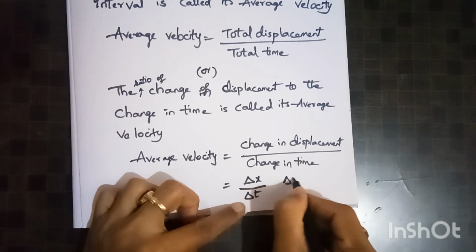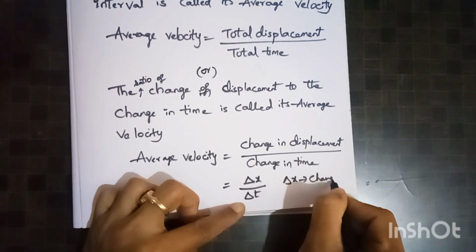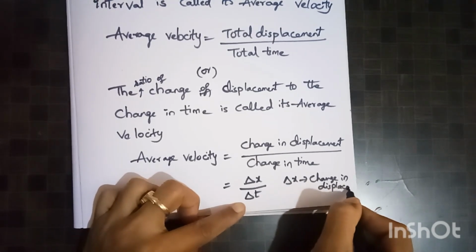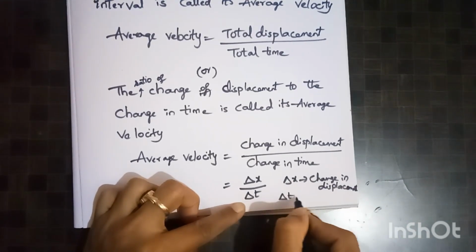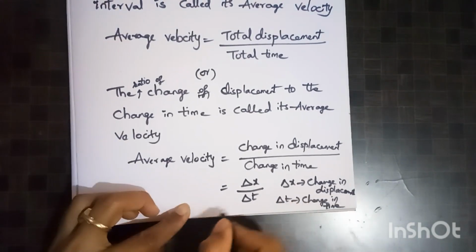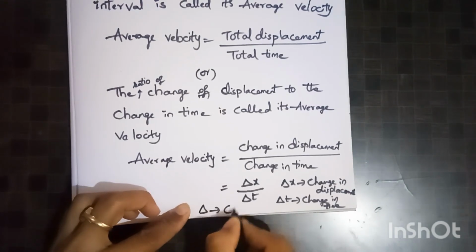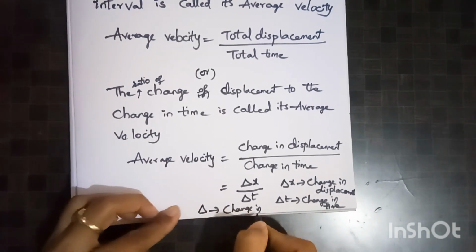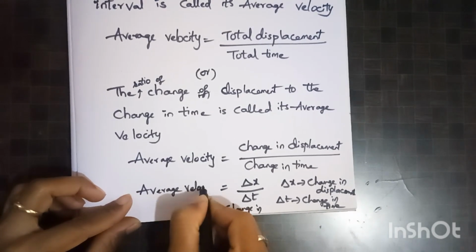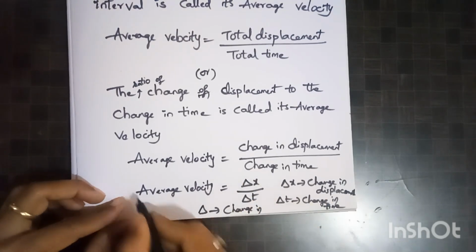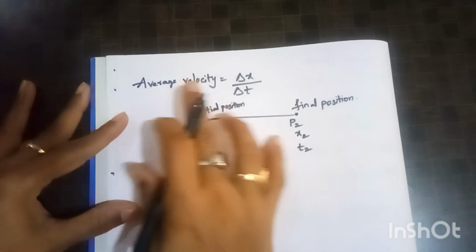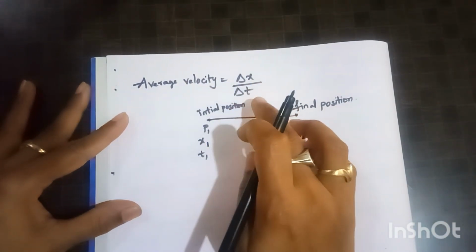Here delta x is change in displacement and delta t represents change in time. This delta represents change in.